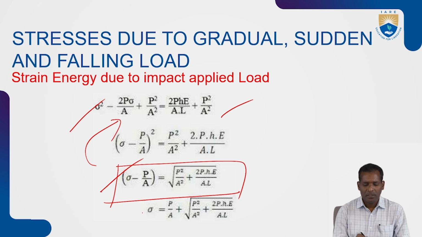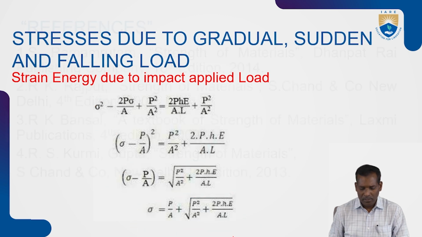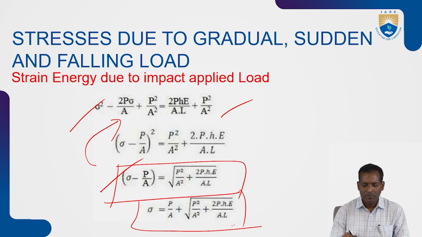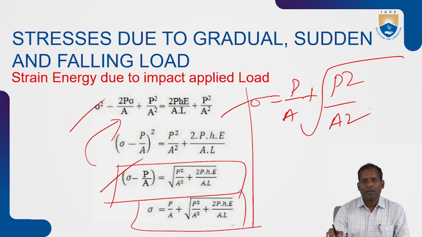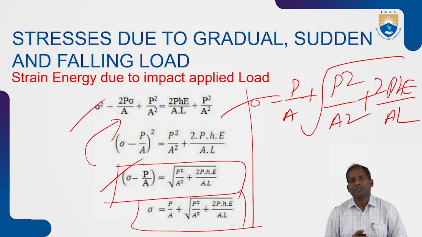So finally we'll get the sigma value is equal to P by A plus square root of P square by A square plus 2PHE by AL. This is the stress value when the body is subjected to impact applied load.